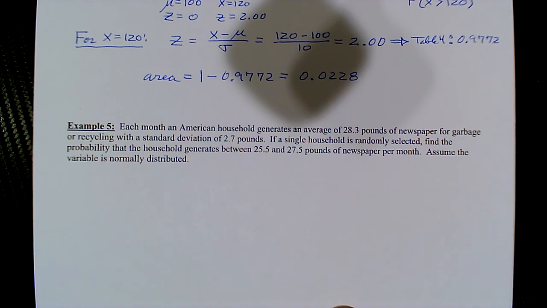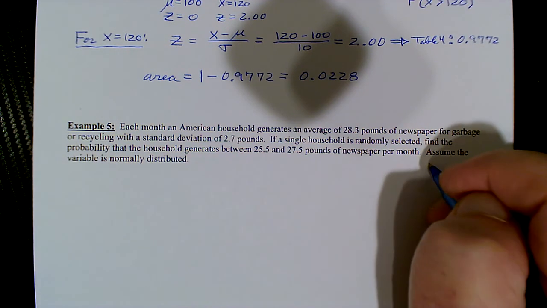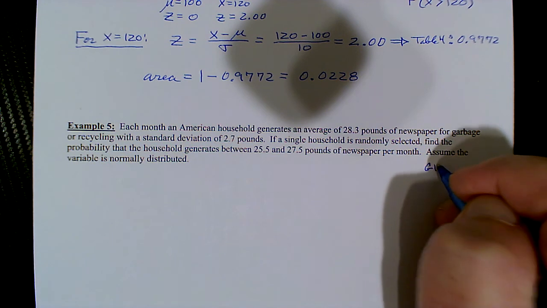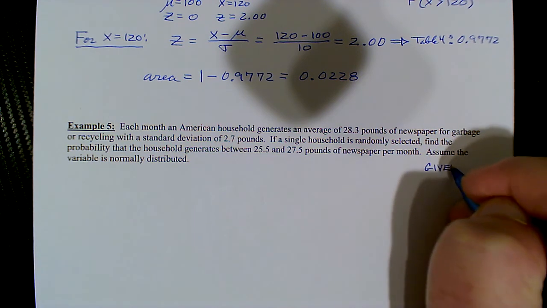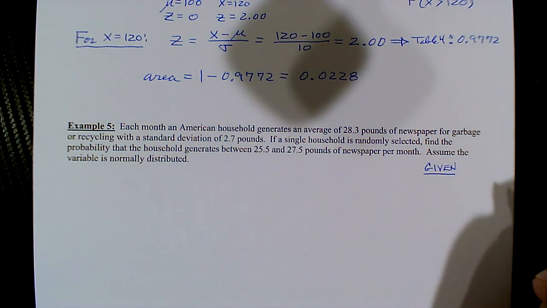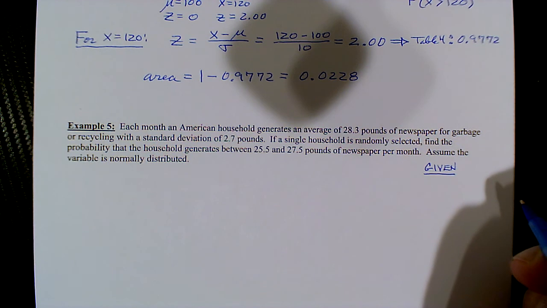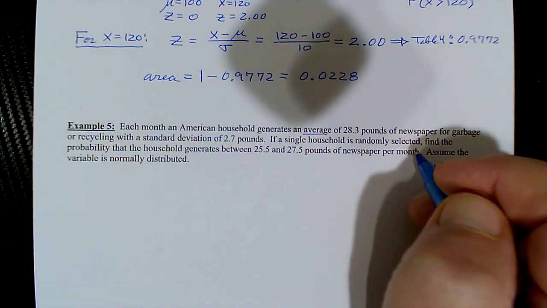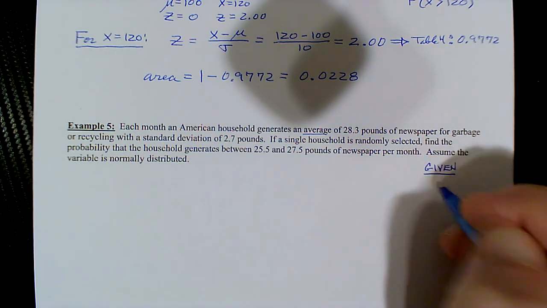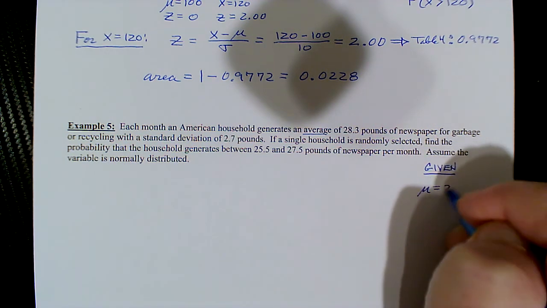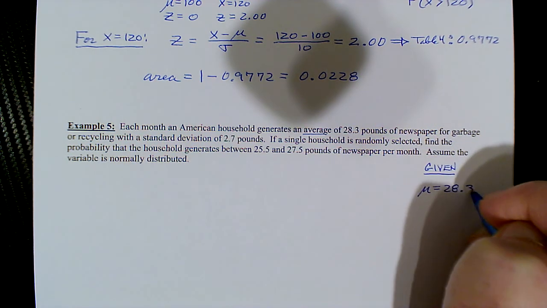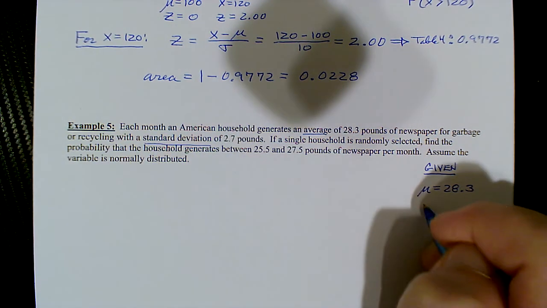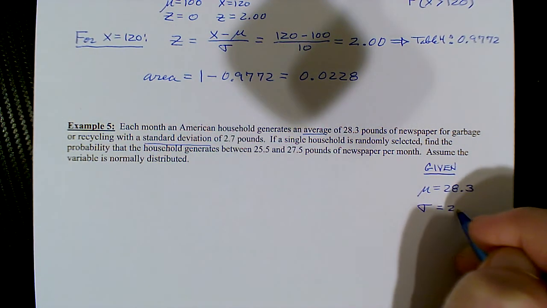Another scenario: the amount of pounds of newspaper that people generate for garbage or recycling is an average of mu equaling 28.3 with a standard deviation sigma of 2.7.